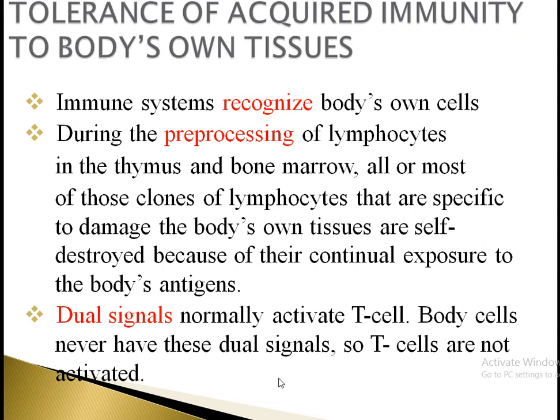and it mainly occurs during the pre-processing of the lymphocytes in the thymus. As I have already told you, once these lymphocytes are generated or formed, they go to the thymus to be trained how to recognize the body's own tissues. They must differentiate between healthy and unhealthy tissues.